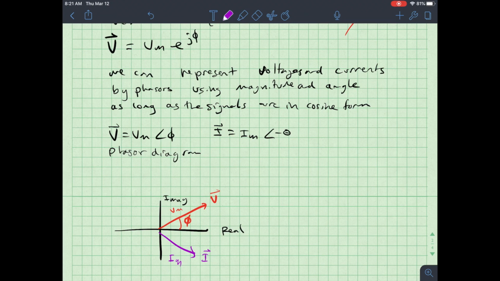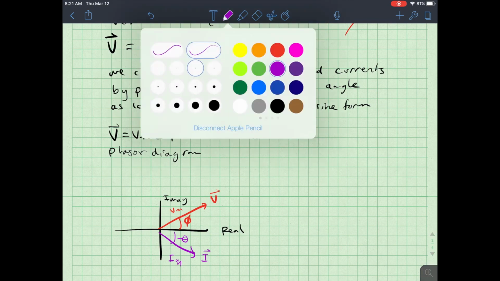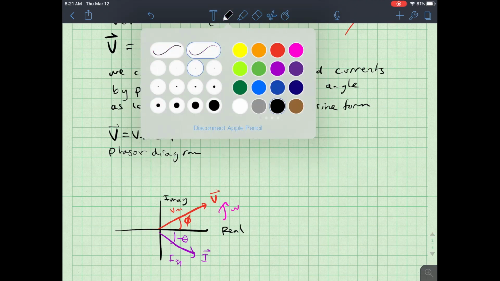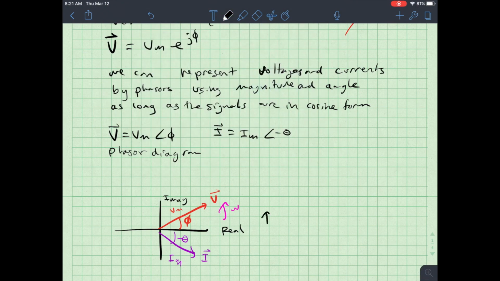If I consider this plane, omega increases as I go around, and the angle increases. So going up from the real axis is called leading, and going back is called lagging.